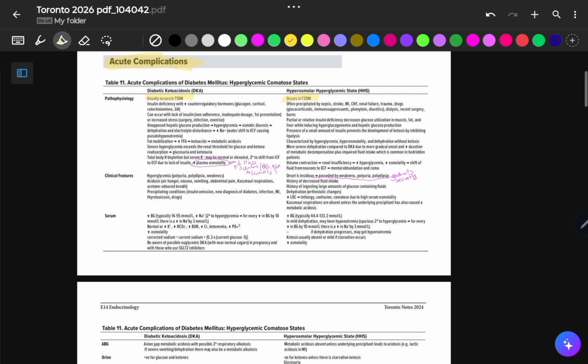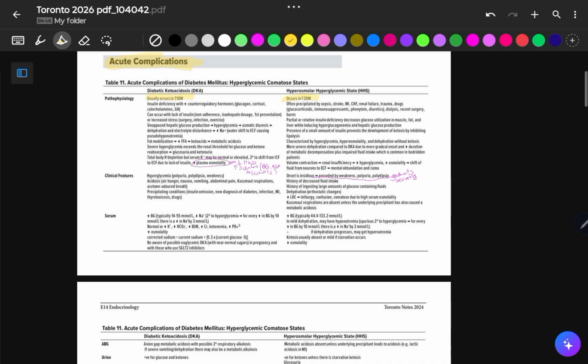That's the body trying to compensate for this decreased glucose in the cells. This breakdown of fat also leads to ketones, keto acids, which lead to metabolic acidosis. The patient also presents with fruity breath, secondary to ketones, and deep rapid breathing, because the lungs are trying to compensate for the metabolic acidosis.